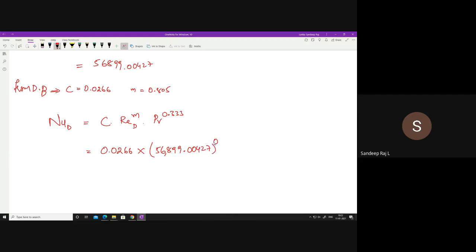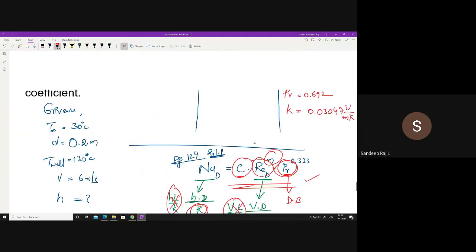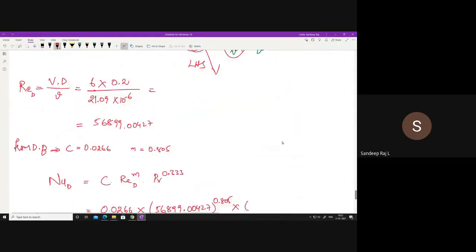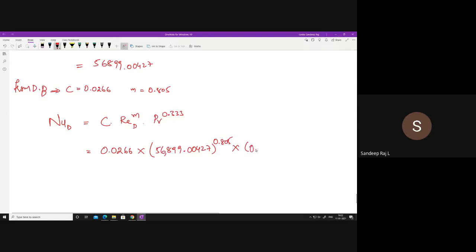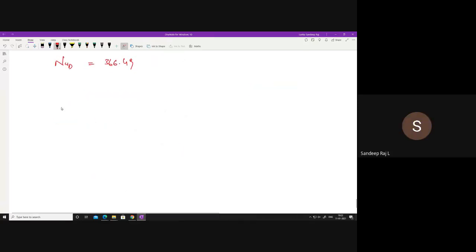Power m is 0.805. And the Prandtl value you have just taken from the data book, it is 0.692, to the power of 0.333. So tell me what is this Nusselt number value? 366.49.